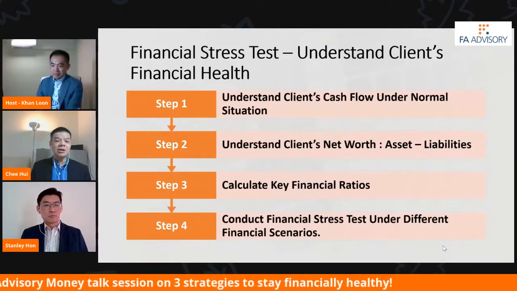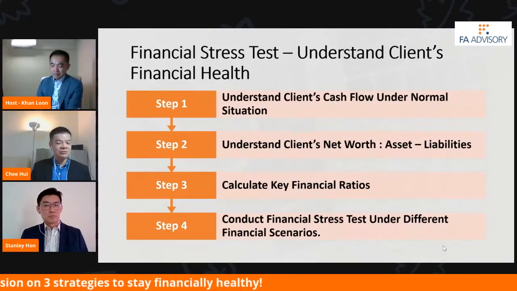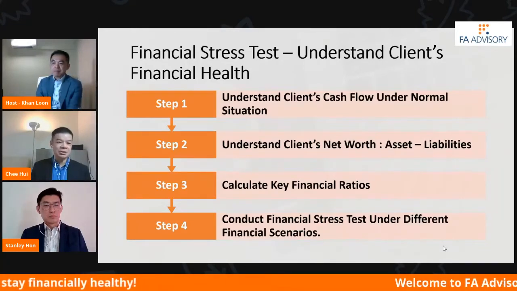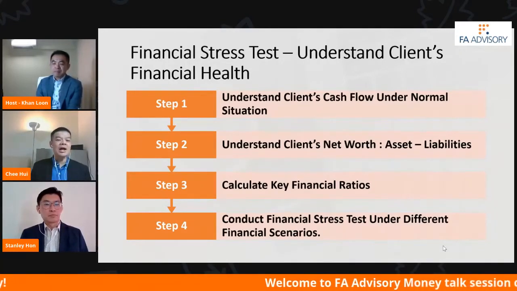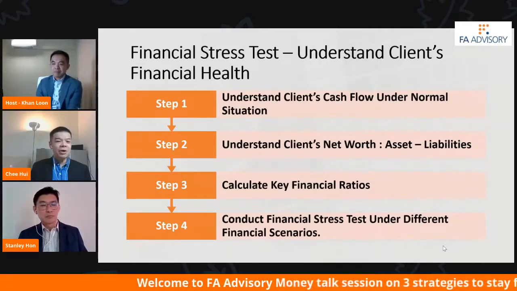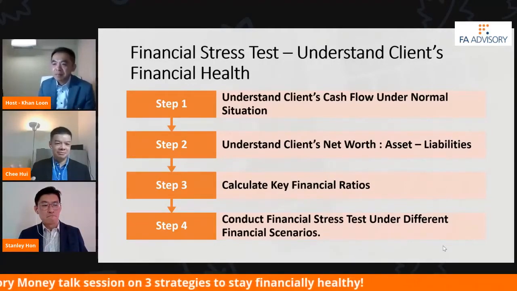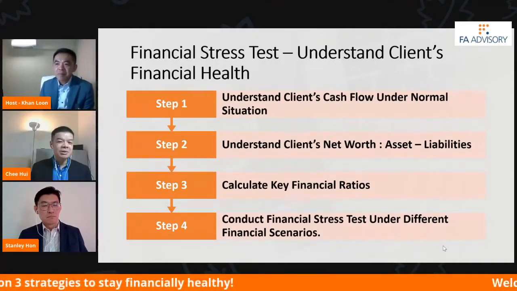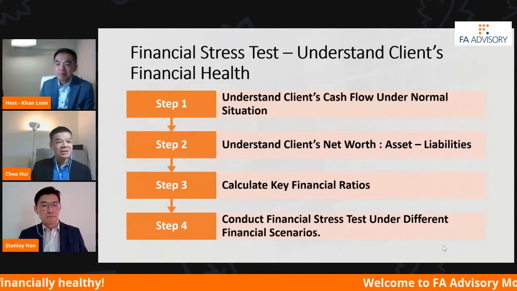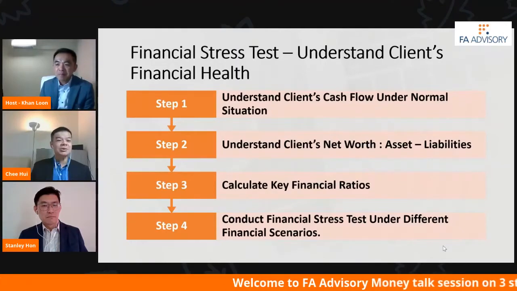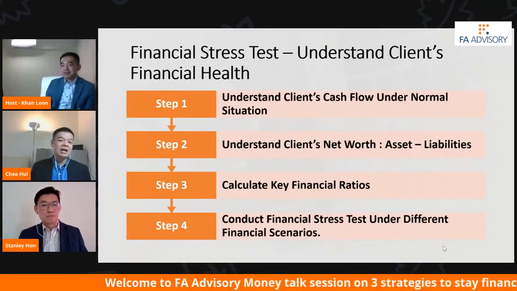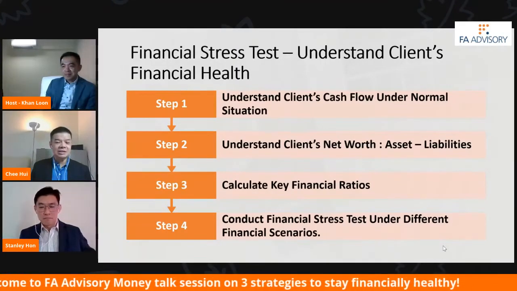If in normal situation your cash flow is healthy, that is good. But at this time, what happens if your income drops by 50% or your income becomes 0? Your expenses are still running, right? Of course, you can do some reducing of your expenses.